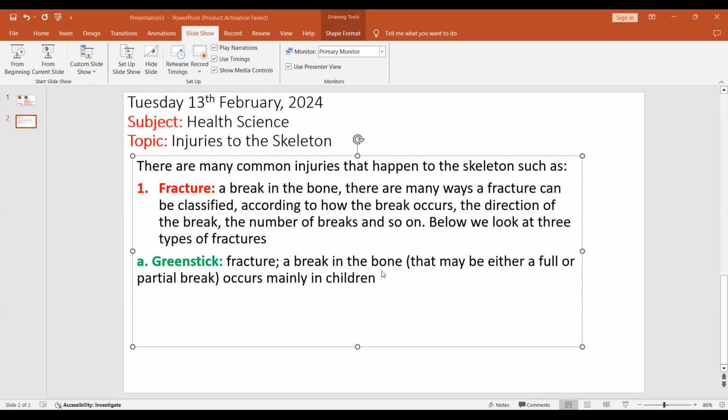Their bones are not firmly developed, so it mainly happens in children whose bones are not as hard.